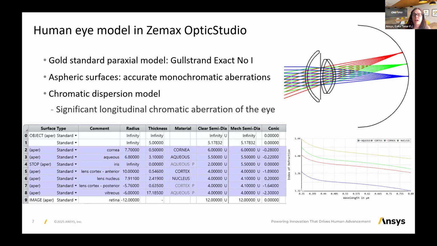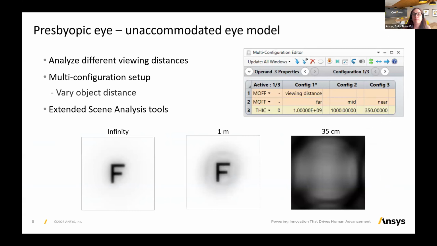Furthermore, in order to describe the significant longitudinal chromatic aberration of the eye as well, we introduce custom materials to describe the chromatic dispersion of the media. With this, we can achieve a very good representation of the unaccommodated average human eye.